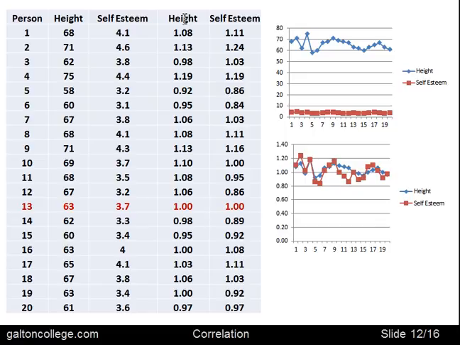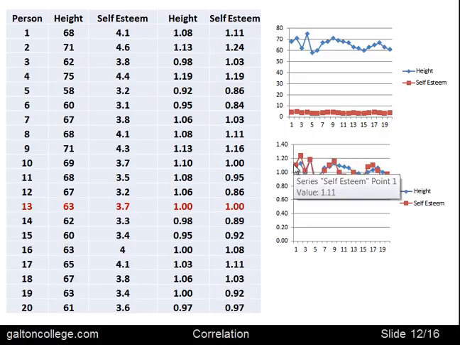And when we chart this new set of numbers, this index of heights against index of self-esteem, we'll get this chart down here. Now that's much better, much better than the previous one. The previous one, you couldn't really see the variations in self-esteem. Now you can. Now you can see it's moving up and down.